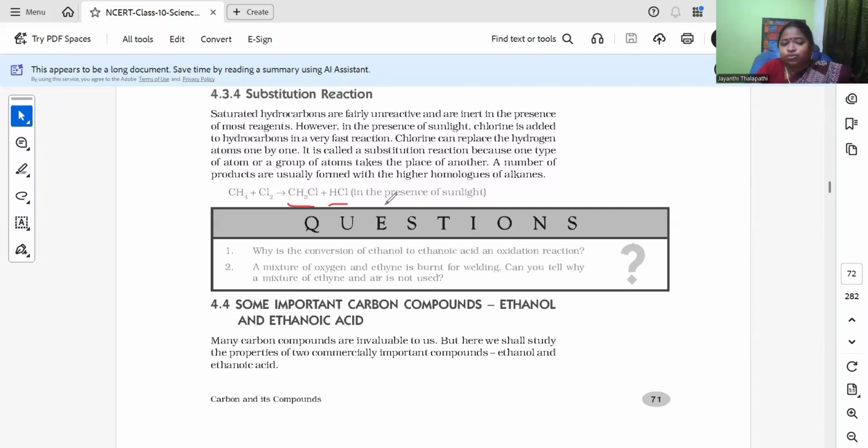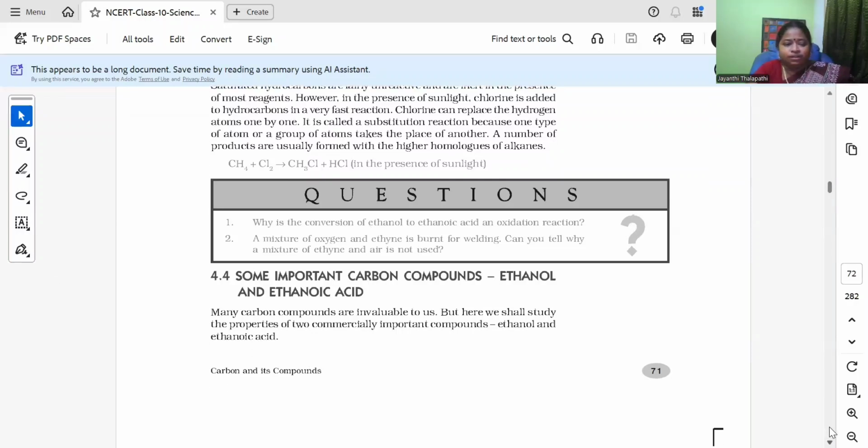Actually this reaction won't stop here. It's a continuous reaction until it removes all the hydrogen, which leads to carbon tetrachloride. Over here they've given only one step, so it is very easy to learn. So substitution, in a sense, what is it?